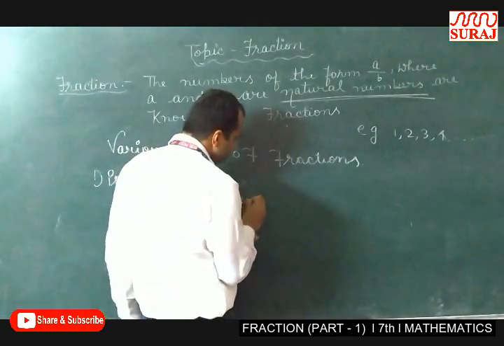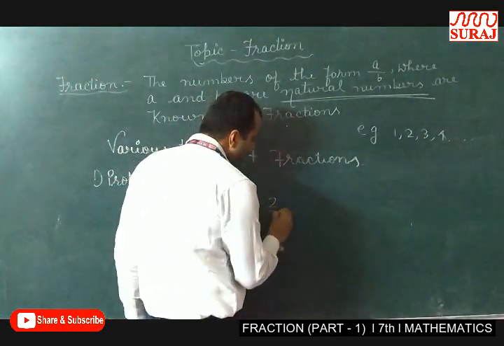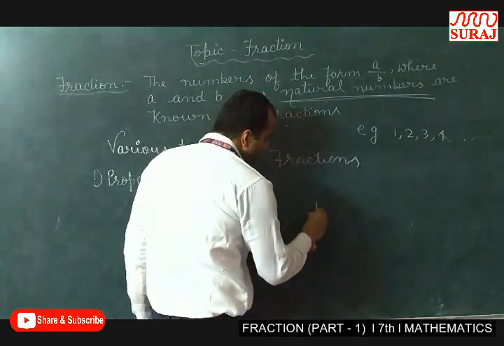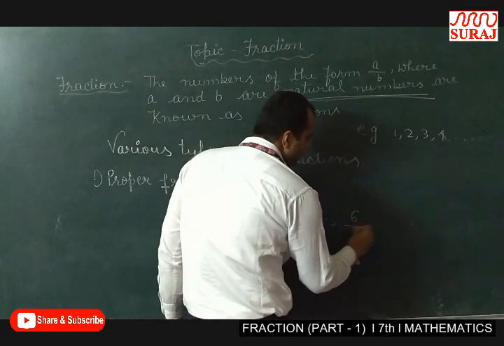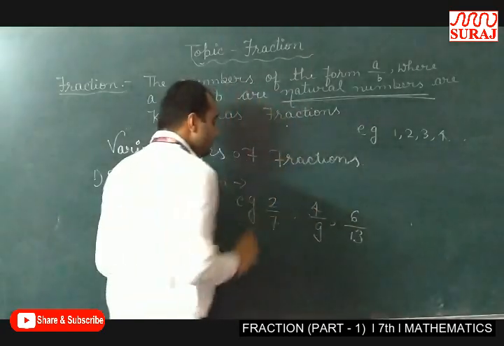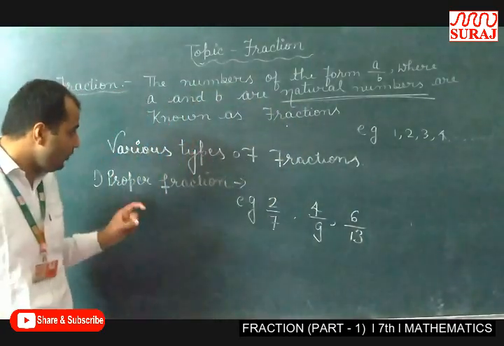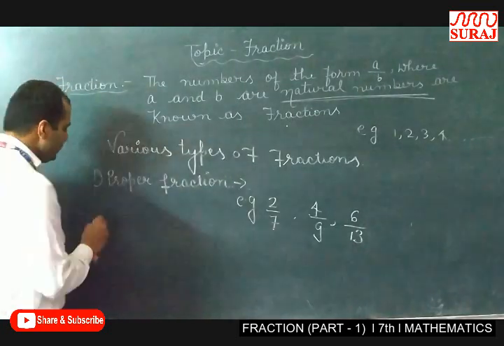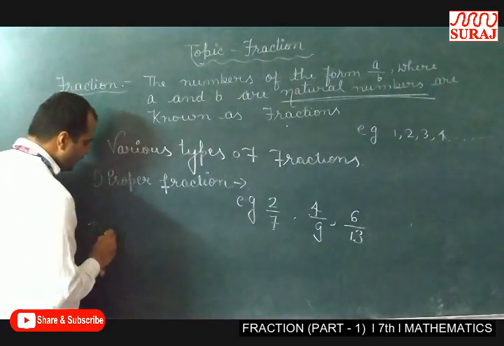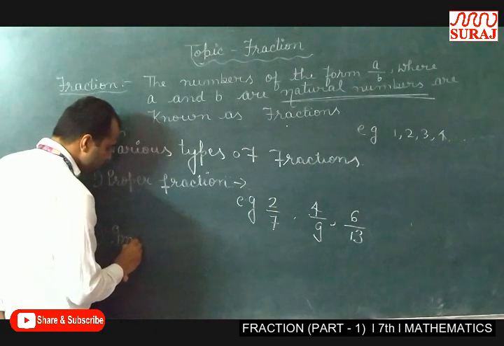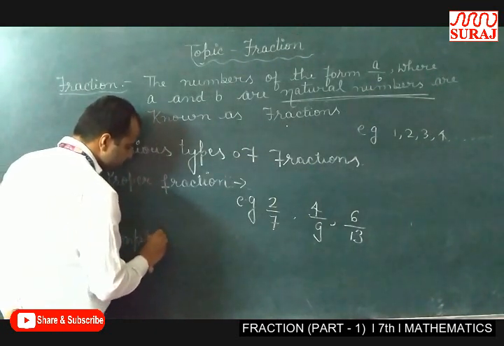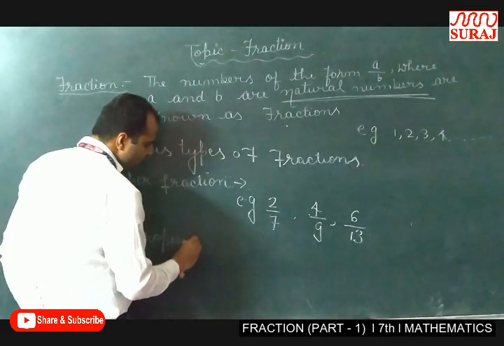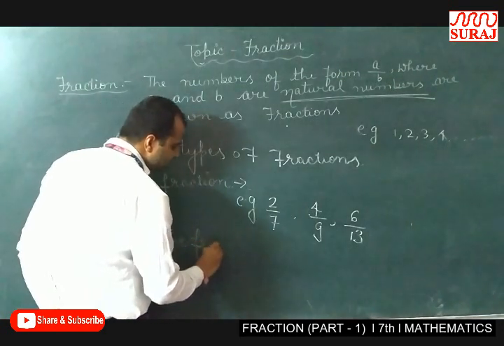Examples are 2 upon 7, 4 upon 9, 6 upon 30. These are the types of proper fraction. Second type of fraction, improper fraction.